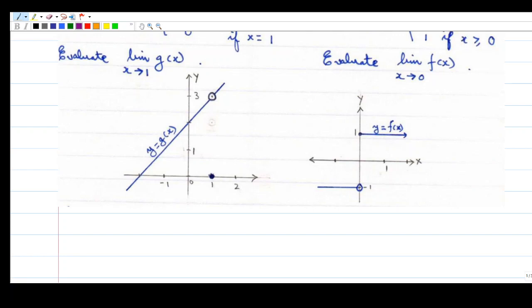So as x approaches 1 from the left, you can see from the graph that the output is approaching 3.